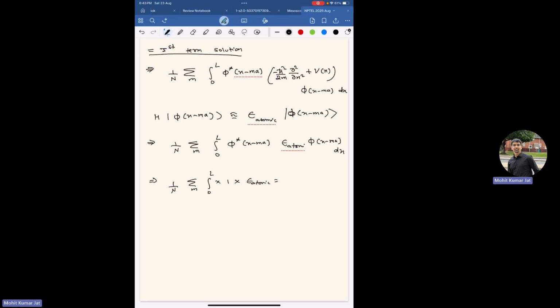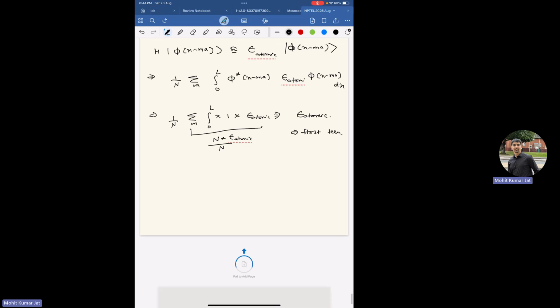This term will have n times epsilon atomic, which is divided by n. So this essentially gives you epsilon atomic, right? This is the first term solution. Now comes the second term solution.